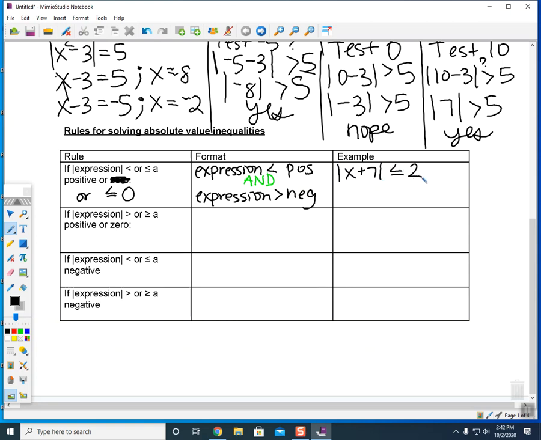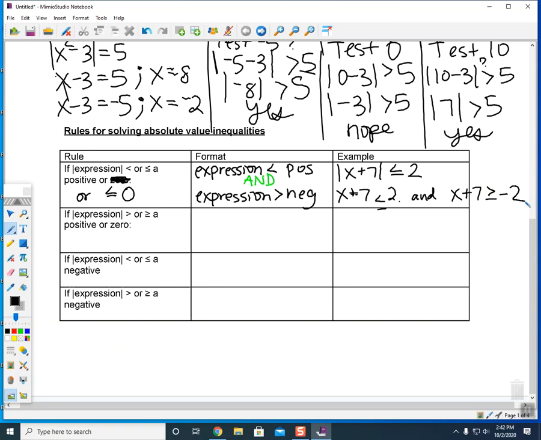The way that I'm going to write these out then is I will have x plus 7 is going to be less than or equal to 2, and x plus 7 is going to be greater than or equal to negative 2. And then I would solve from there. I'm not going to solve here because this is just an example of how I would set up these expressions.